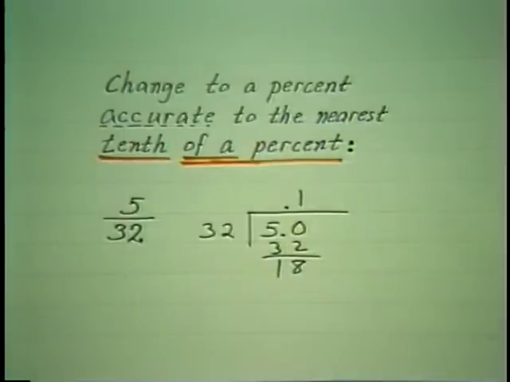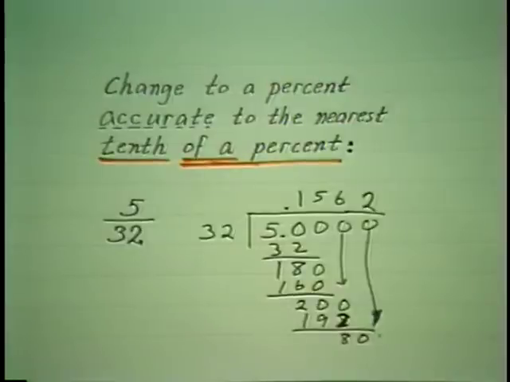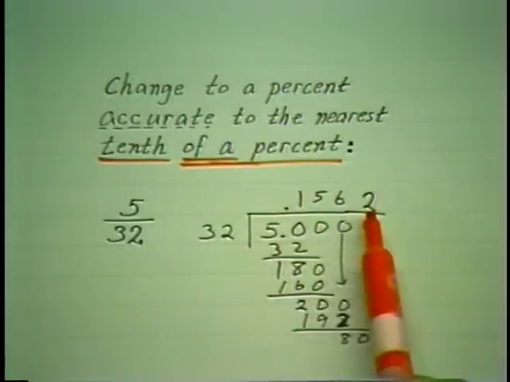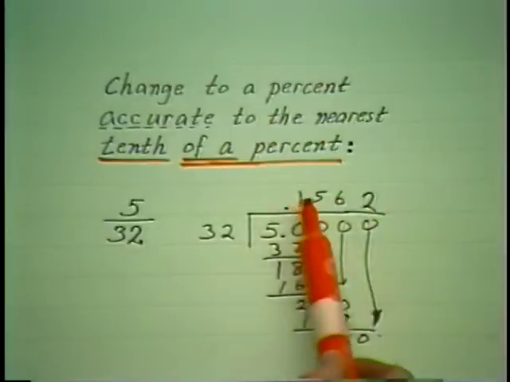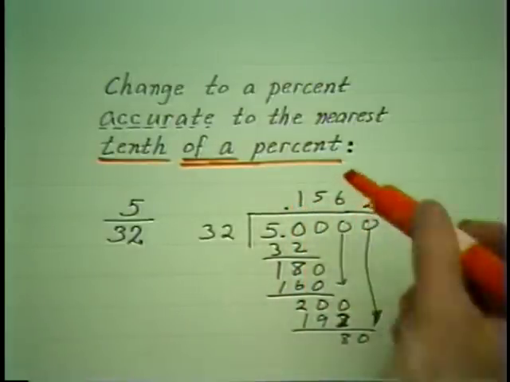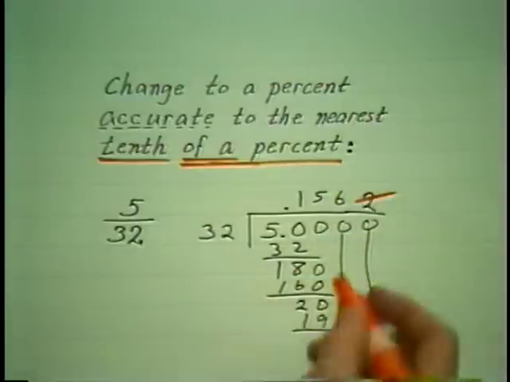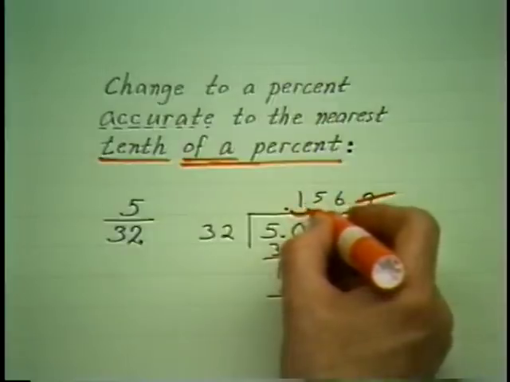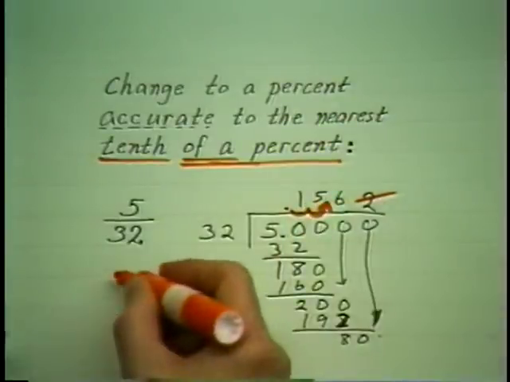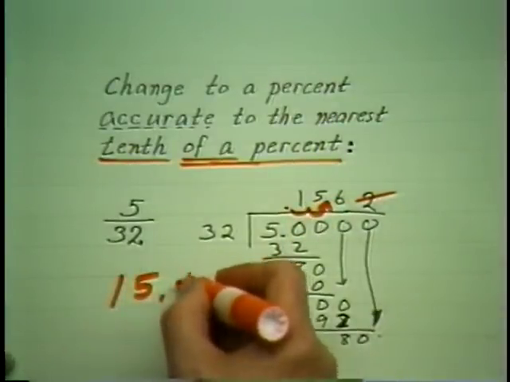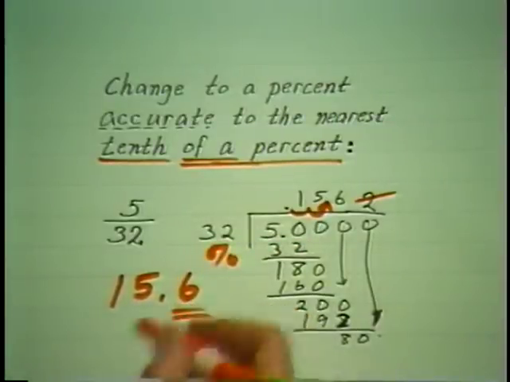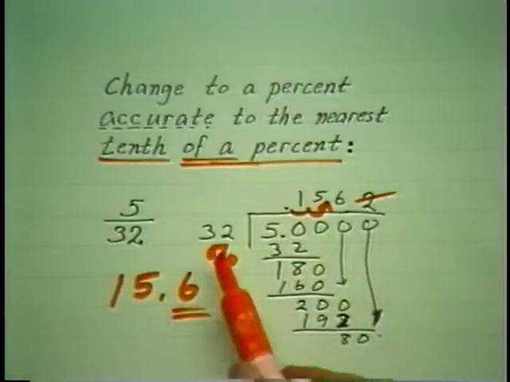So dividing this further, we would get so I have a decimal carried out to 4 places, tenth, hundredth, thousandths, 10,000ths. I wanted this place to realize that I can drop it and round this one down. Now, to change this to a percent, I move it 2 places to the right, and I get 15.6%. See, accurate to nearest tenth of a percent.